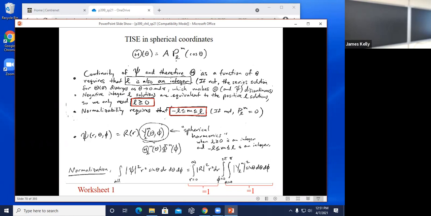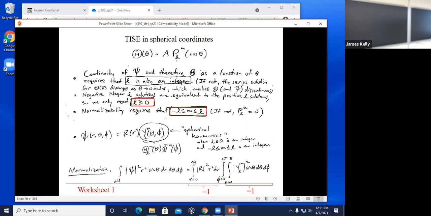So we're given P_L of cosine theta. P_1^0, with L equals 1 and M equals 0, is cosine of theta. And Y_L^M is P_L^M times e to the i m phi. So let's normalize it.